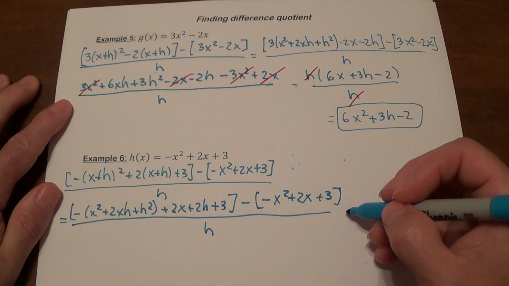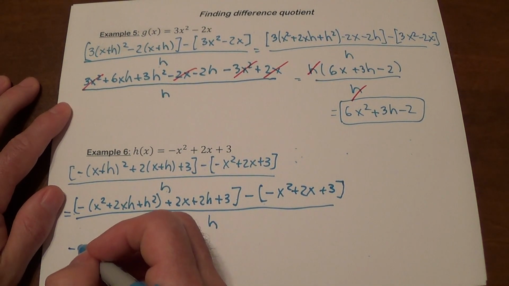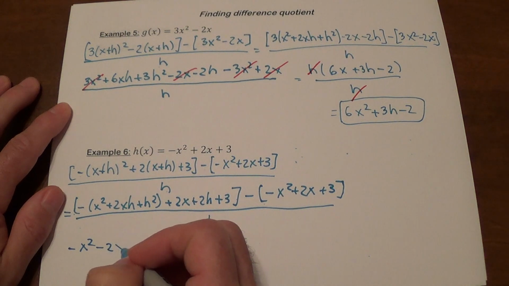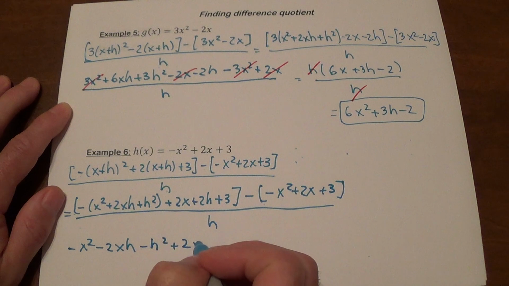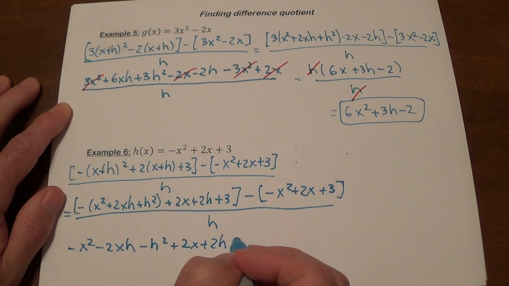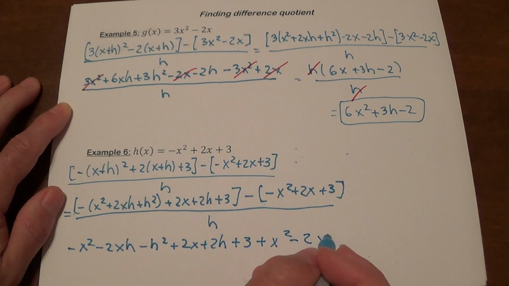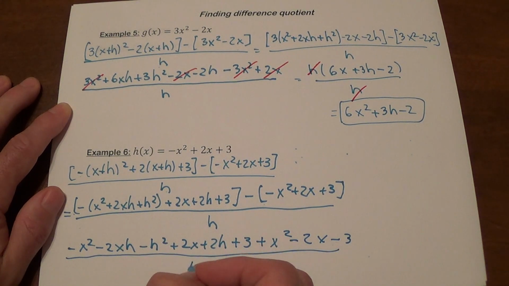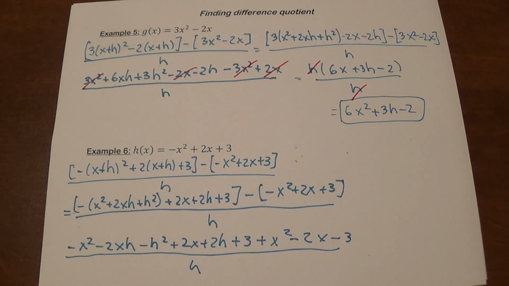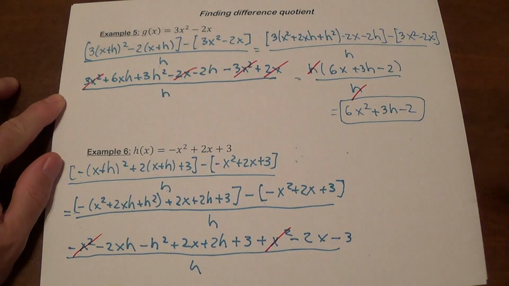Okay, well, I do need to go down. That's a very lengthy expression. Negative x squared minus 2xh minus h squared plus 2x plus 2h plus 3 plus x squared minus 2x minus 3, divided by h. Now we're finally ready to cancel. So x squared and negative x squared.